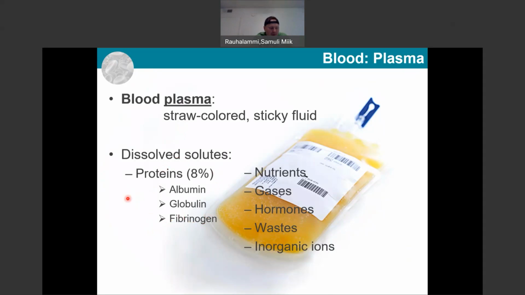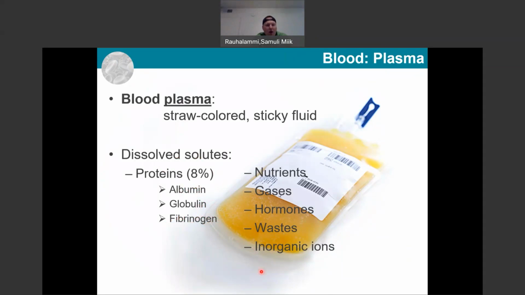These are largely proteins. Some of the important proteins are albumin, an important carrier, buffer, and regulator of osmotic pressure. About 60% of all the proteins in plasma are albumin. Then we have globulin, important in transportation of materials, immunity, and so on. And then fibrinogen, which plays a role in clotting as well.